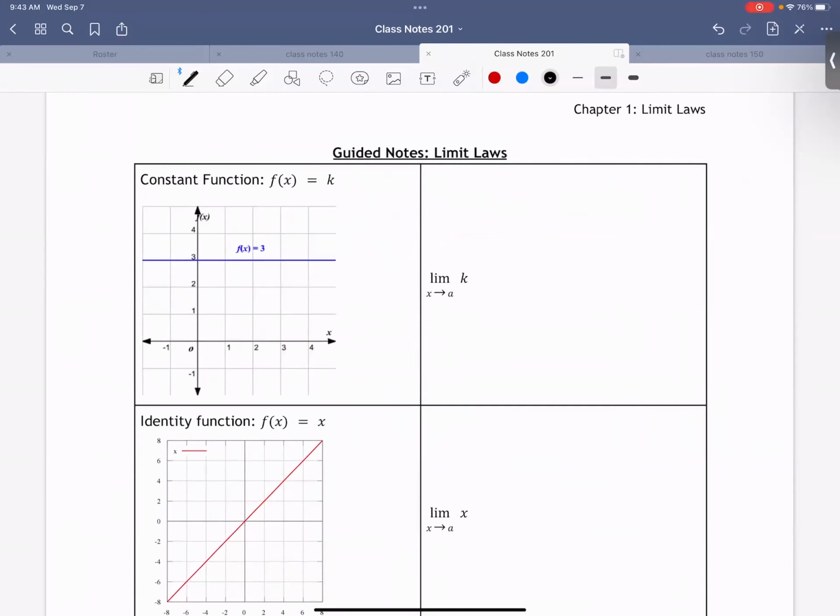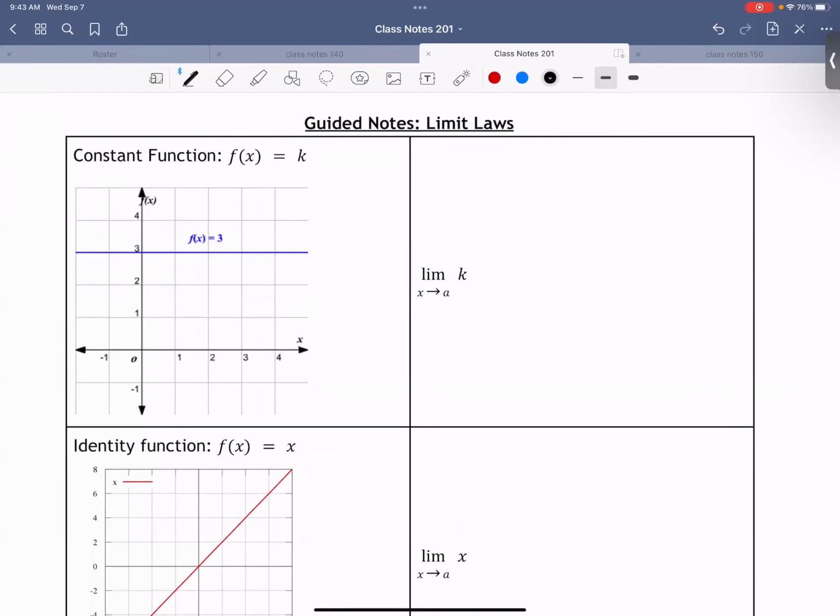Maybe we don't have a calculator that gives us the graph. And maybe we just want to find the limit a little bit more quickly, right? This is where these things called limit laws come along. When we have functions that are pretty basic that we can work with, we don't actually need to graph the function first, okay? And we're going to start working towards different types of functions that we can find the limit of.